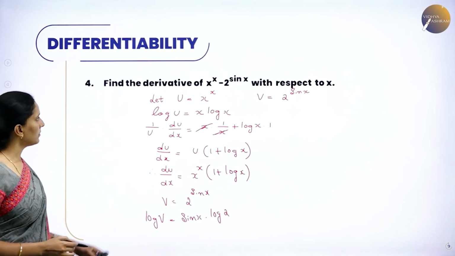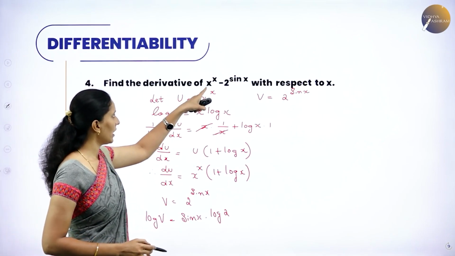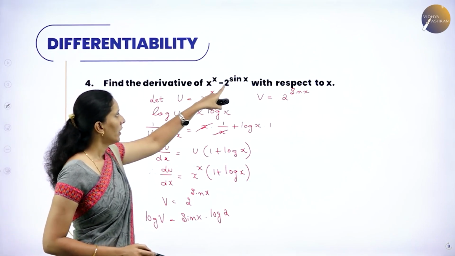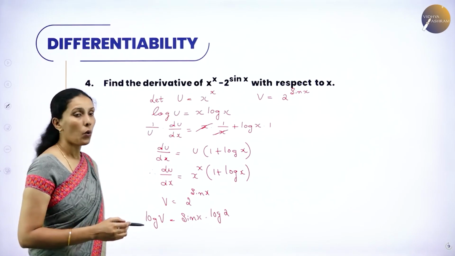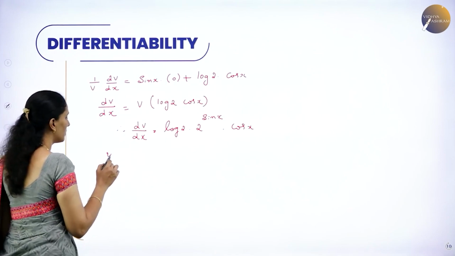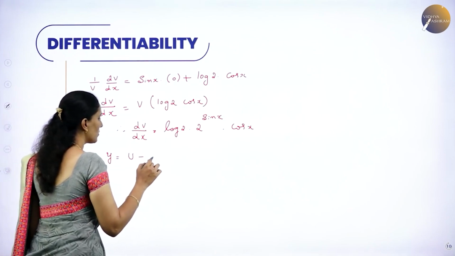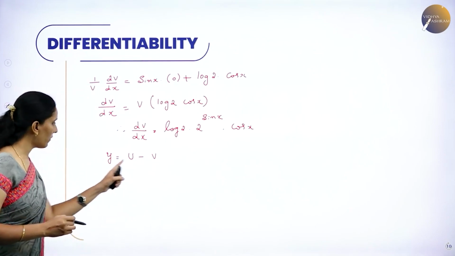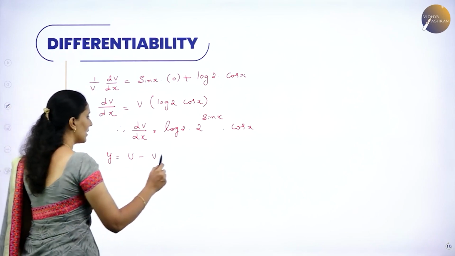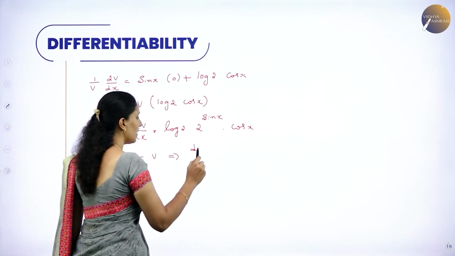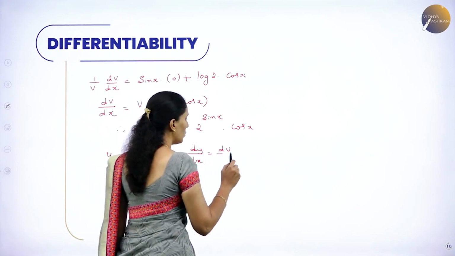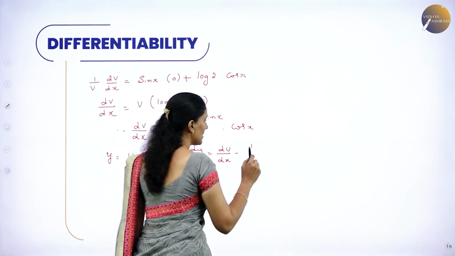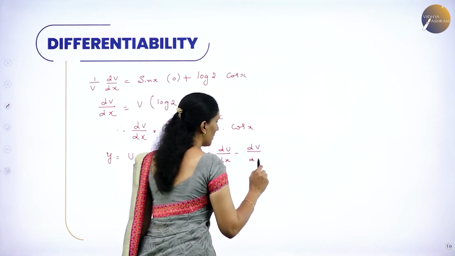Now, from the case we have taken x power x as u, v as 2 power sin x. So that is why we can write y is equal to u minus v. So when you differentiate this with respect to x, this implies dy by dx is equal to du by dx minus dv by dx here.